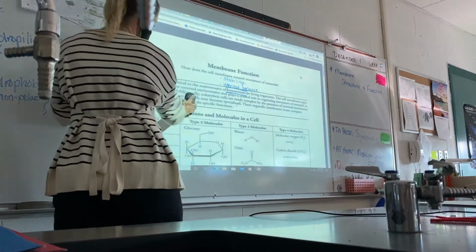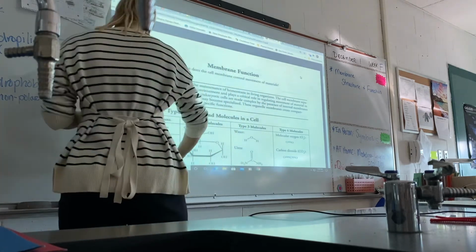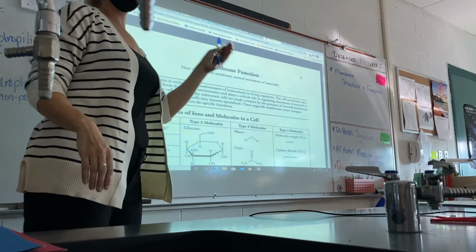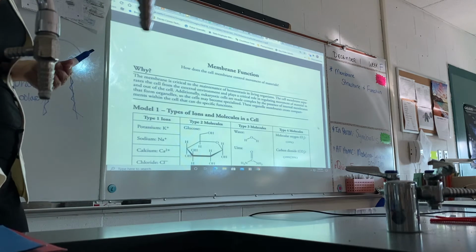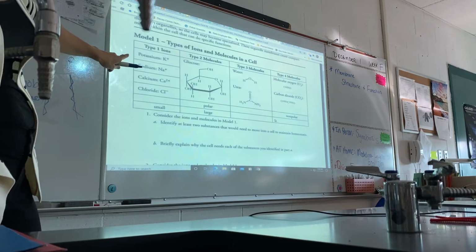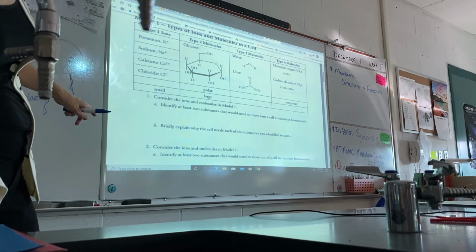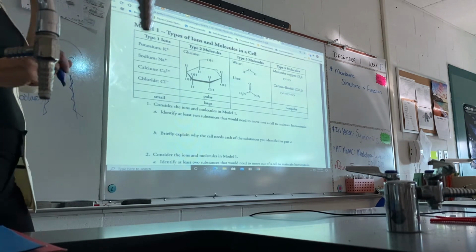Before we talk about how it controls what goes into and out of the cell, we need to look at what type of molecules are going to have to come and go, okay? What are we trying to get into and out of the cell? So that's where model 1 comes into play. So we've got 4 different types of molecules, okay?